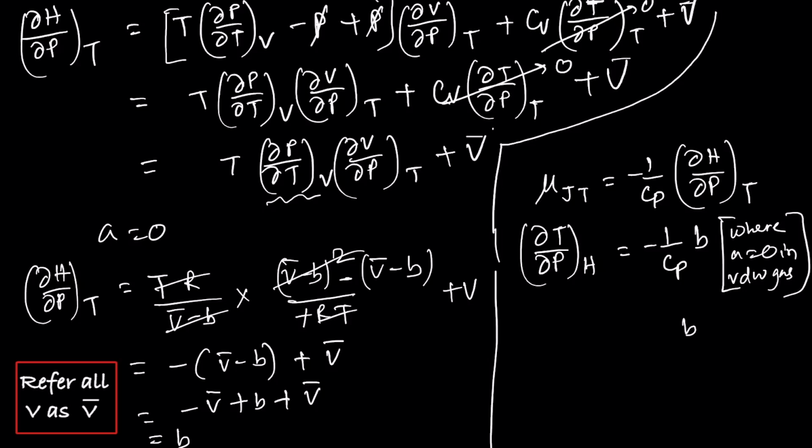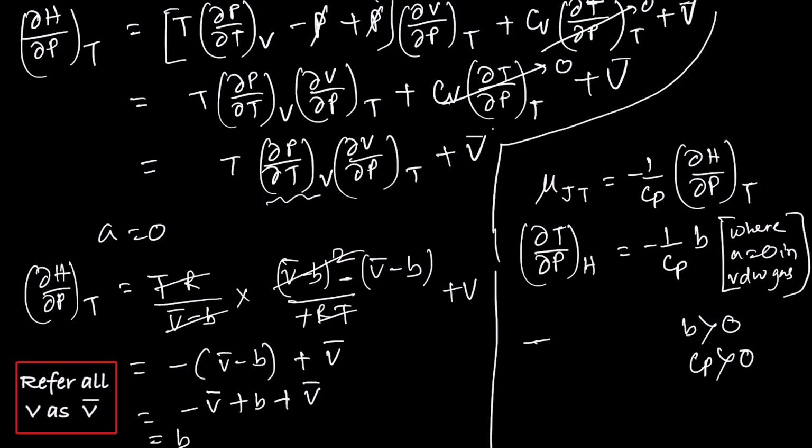Now, B is a positive quantity, C p is a positive quantity. What does it mean? When the pressure increases, temperature decreases. When the pressure decreases, temperature increases. So, instead of becoming cooler, it gets hotter. So, in this particular case, the Joule-Thomson coefficient is a negative quantity.